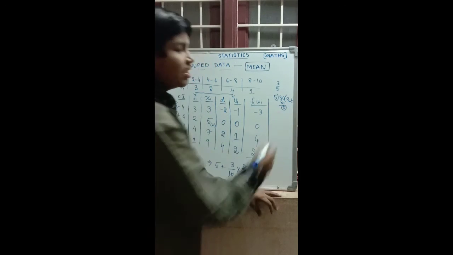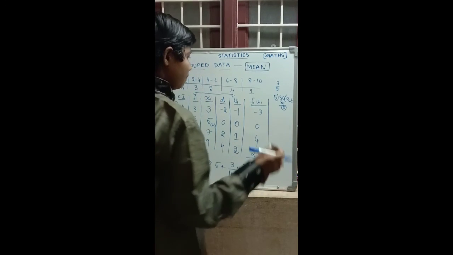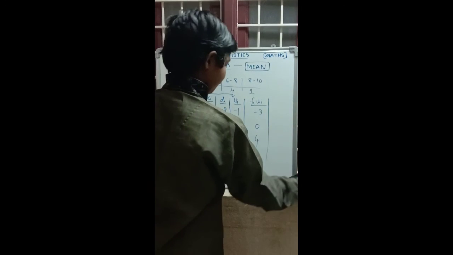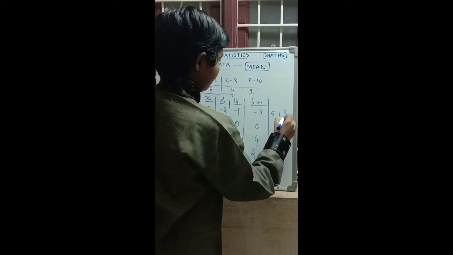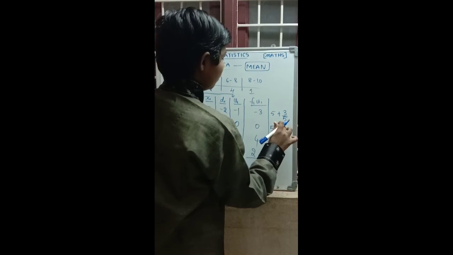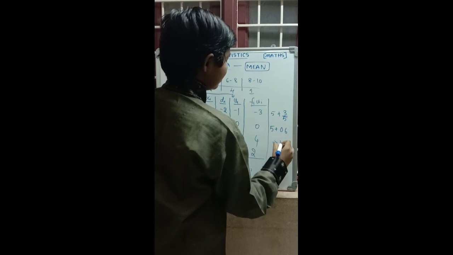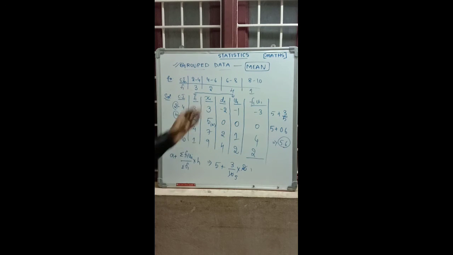So the quotient is 0.6. 5 plus 3 by 5, which is 5 plus 0.6, it is 5.6. The mean here is 5.6 for this given question.